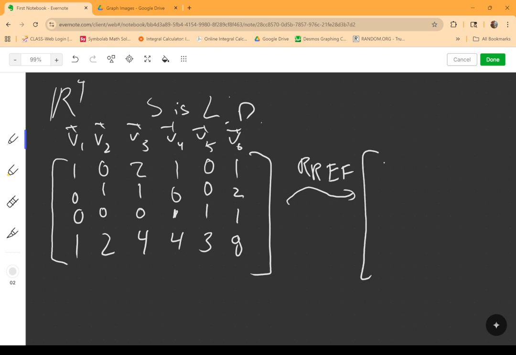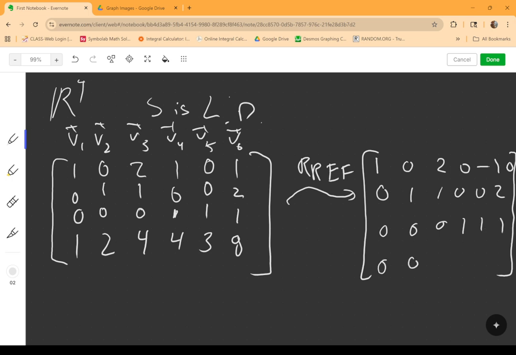And we get the following matrix: 1, 0, 2, 0, negative 1, 0. And we get 0, 1, 1, 0, 0, 2, 0, 0, 0, 1, 1, 1, and then lastly a row of zeros.